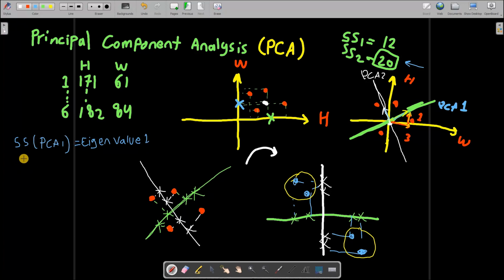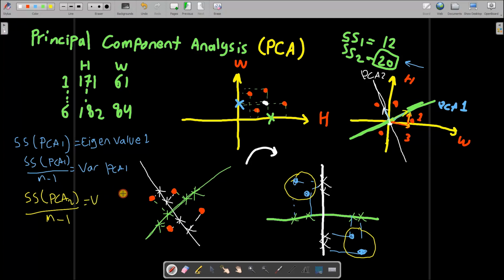Well, if I just say squared distance of PCA1 divided by the number of samples minus 1, I would get the variation of PCA1. I'm going to show you in a minute why it's important to get this variation. Now, if I take the same thing for PCA2, and I divide it also by n minus 1, we get the variation of PCA2.